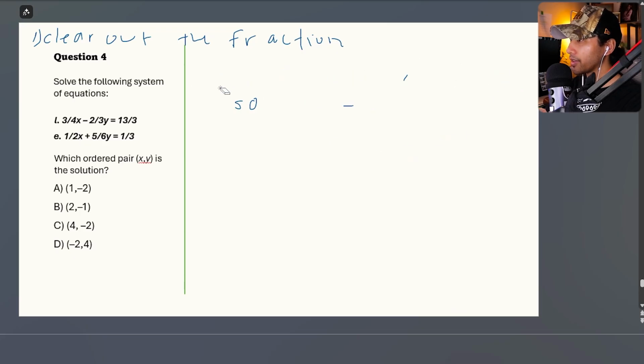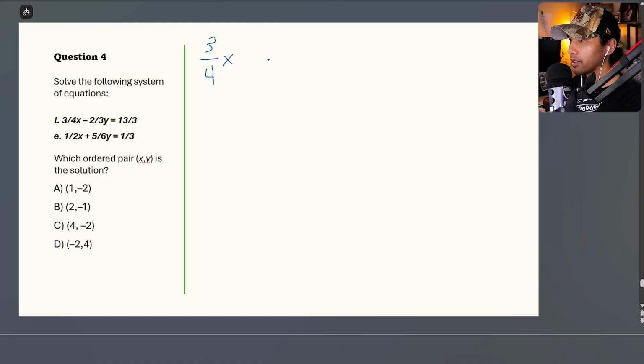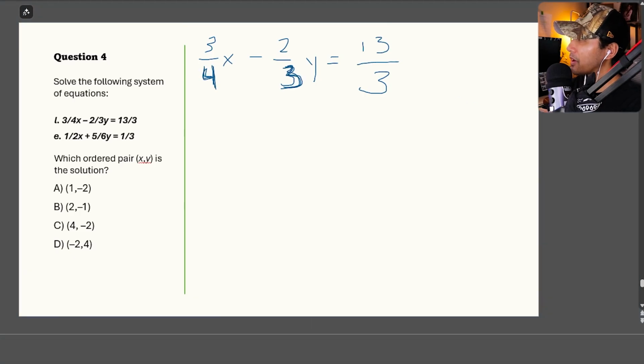Hopefully you screenshotted that. All right, so let's go ahead and start just with the first equation. And I want to get rid of the fractions. How do you get rid of the fractions? You have to find the LCD, the least common denominator. So this is from ChatGPT.